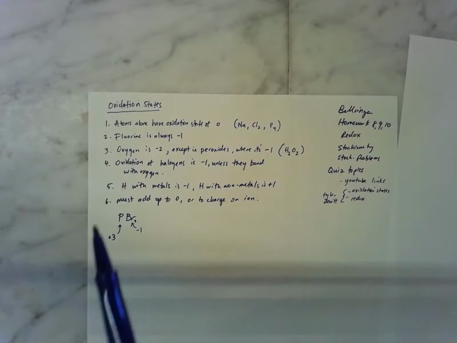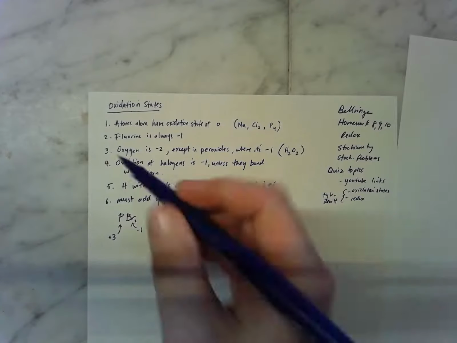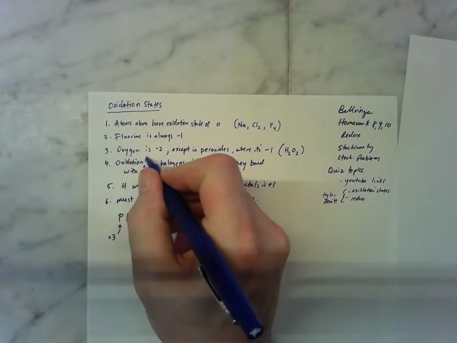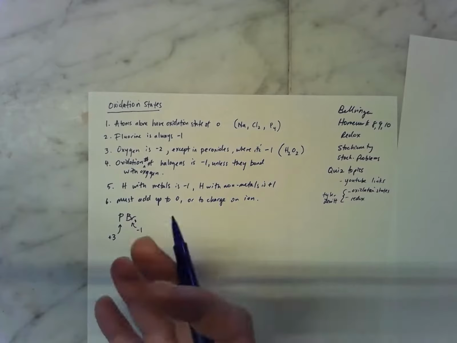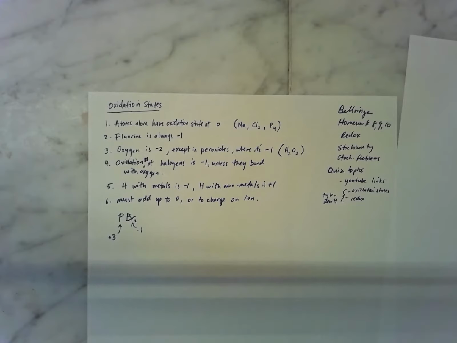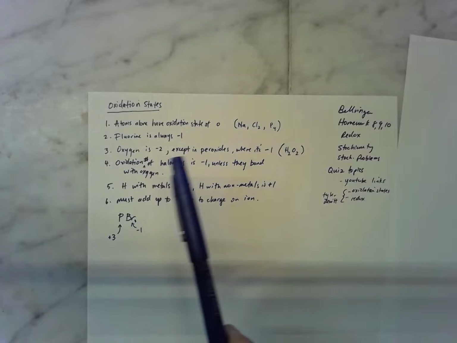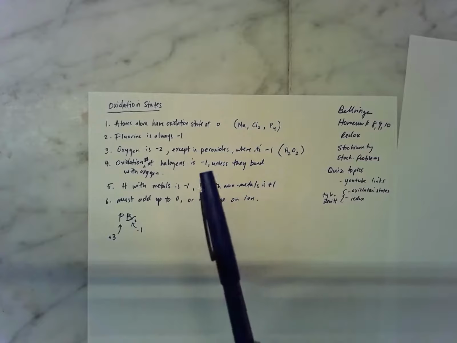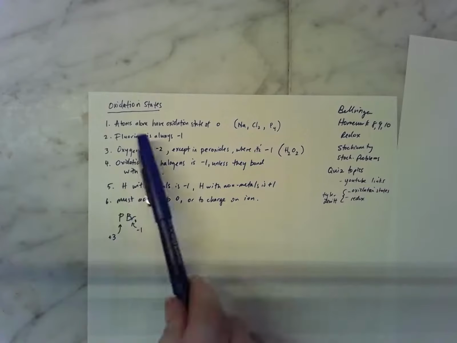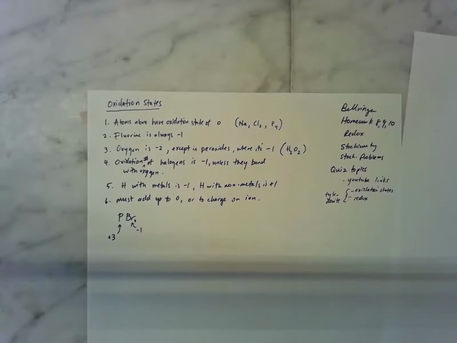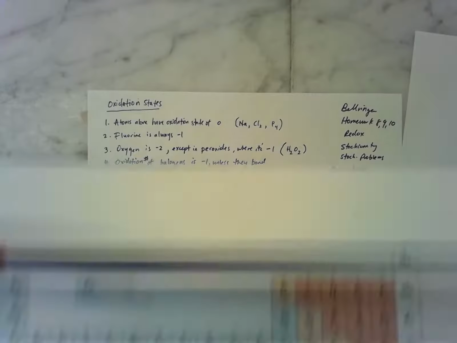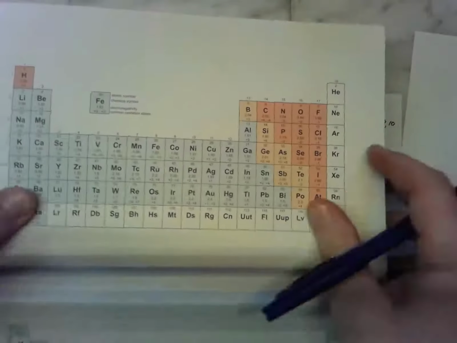Okay, all right. The oxidation state of halogens is -1 unless they bond with oxygen. Why is that? Because oxygen is more electronegative than most of the halogens, except for fluorine. If we look back at our electronegativity values, that's what determines whose number we look at first.